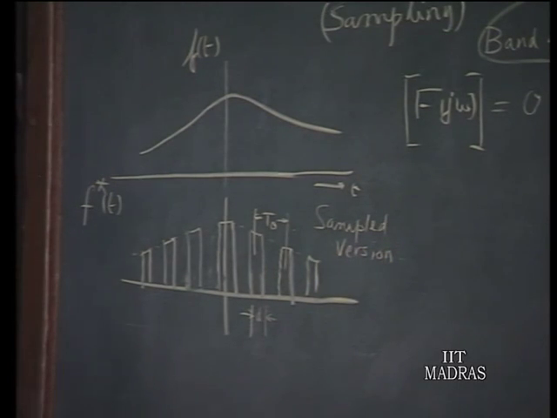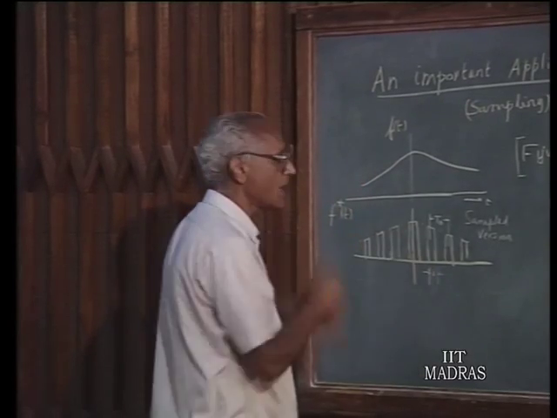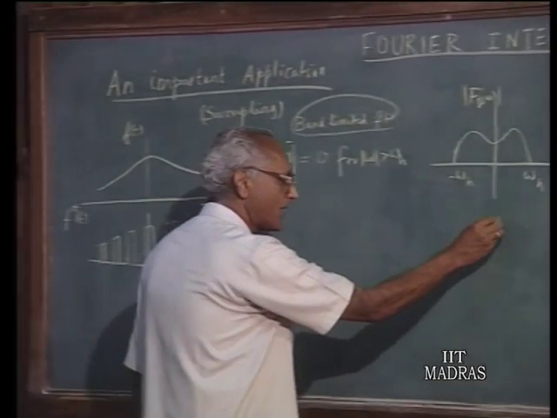So, notice f of t is a continuous function of time. We are considering a sampled version. We are taking samples each time for a duration d and the interval between successive samples is t naught. Now, it turns out that the Fourier spectrum of the sampled version will be something like this.